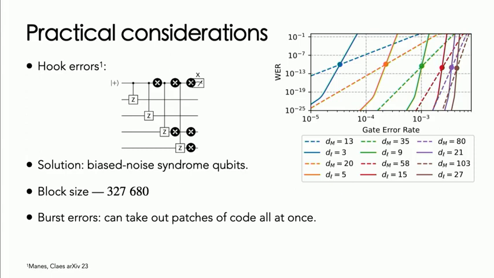So rather than having one large code that you might have to grow to increase the distance, as you would if you were using only a surface code, the fact that one little patch of your surface code is deleted means that it can be treated as an erasure for the LDPC code, the outer level code. So this is also going to allow you to deal with burst errors by performing encoding in this manner.